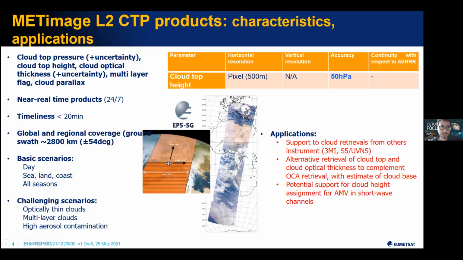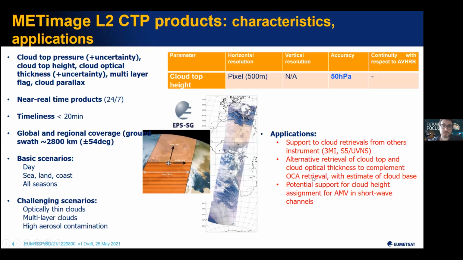As for applications, it is mostly a cloud top pressure and cloud optical thickness retrieval, so it can be seen as a support to retrievals from other instruments, but it is also an alternative retrieval of cloud top and cloud optical thickness. And as Phil mentioned before, it can complement OCA in the sense that they sense slightly different observations and they can be compared and combined together to optimally retrieve the cloud fields.